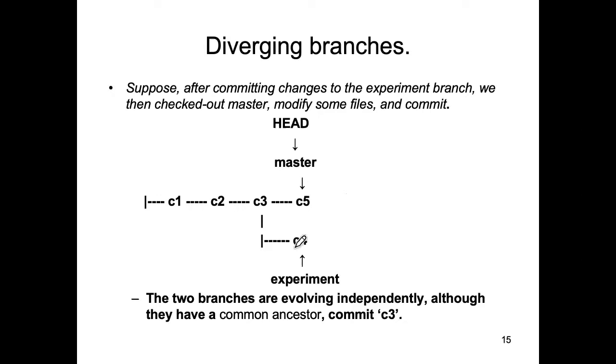The other thing to notice here is that C3, commit 3, we would say is a common ancestor to both of my branches. If we work our way back, we work back to C3. So C3 is where the two branches started to diverge away from one another.